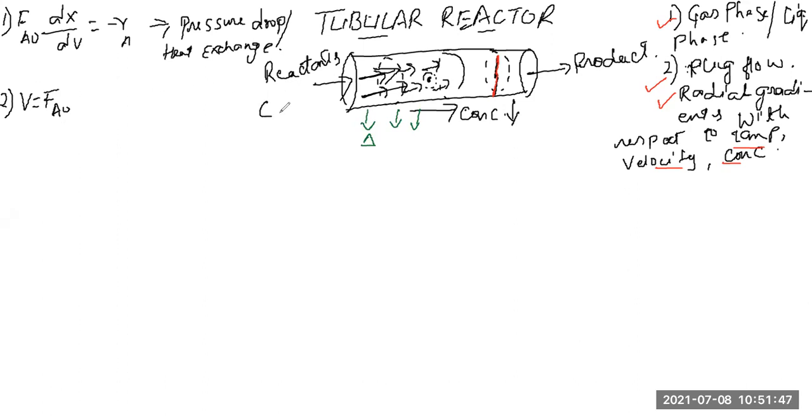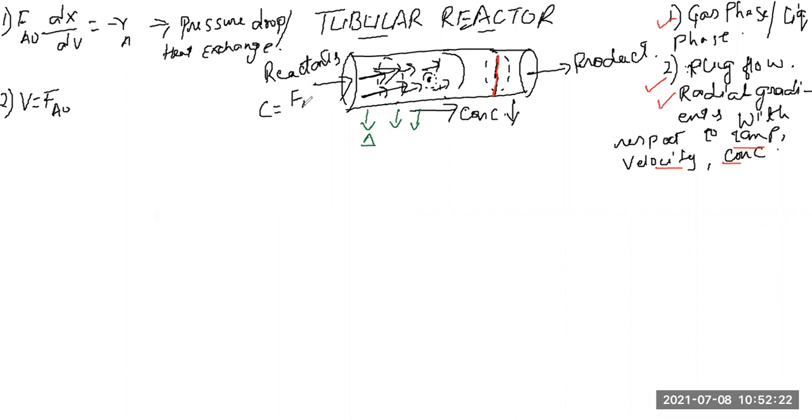Because in the case of plug flow reactors, the concentration that we use is FA0 moles divided by volume. We know that concentration is moles per unit volume. So when we talk about a flow reactor, we are considering the number of moles passing through a point, which would be the molar flow rate.